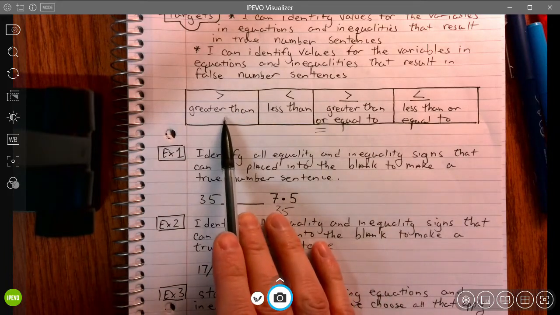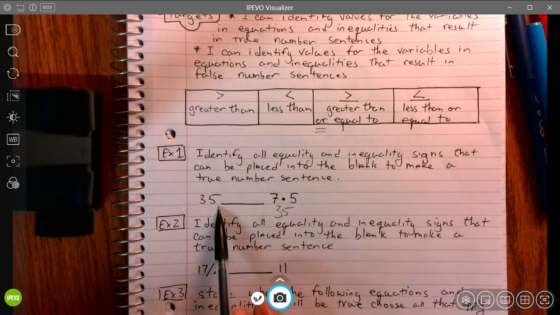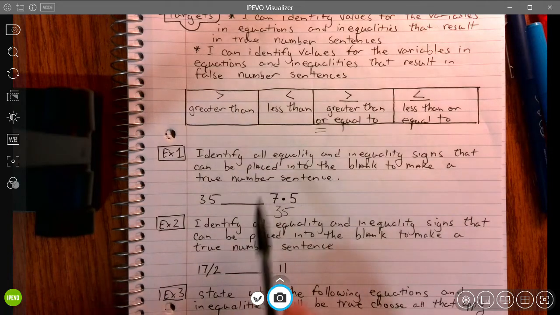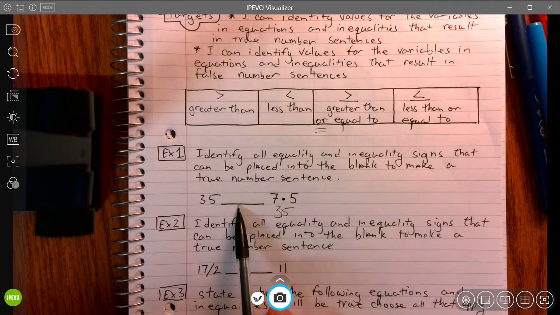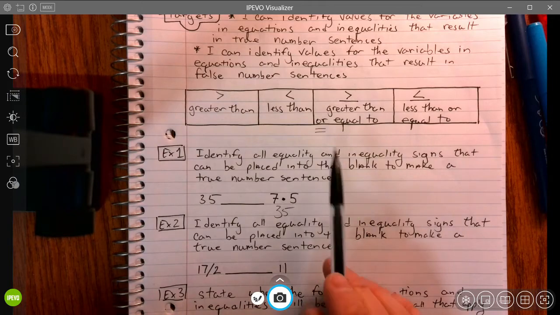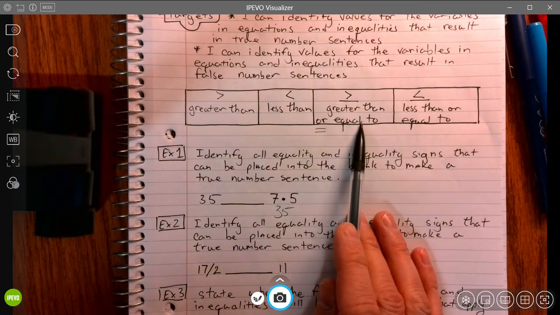Can I put in the greater than symbol? Is 35 greater than 35? No. So I'm not going to choose that one. Can I put in the less than symbol? Is 35 less than 35? No. What about greater than or equal to?